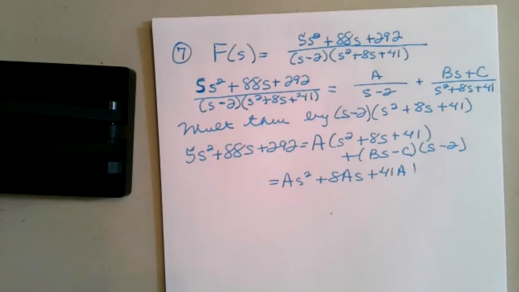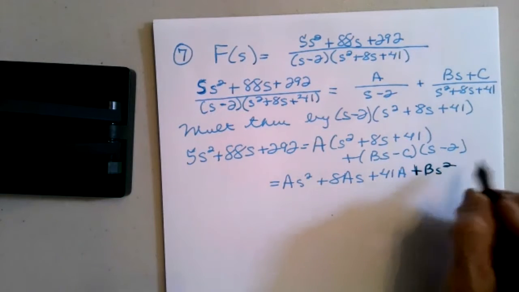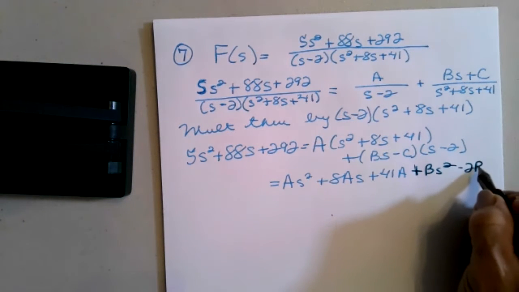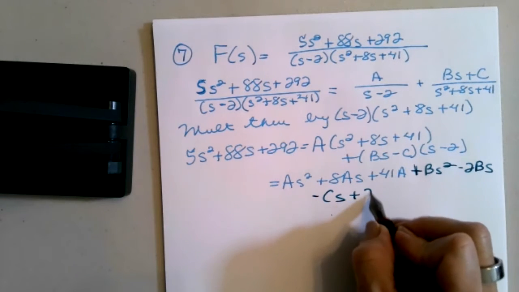So we're going to have a Bs squared, but I need something that I can write with. Okay, so I get A plus Bs squared minus 2Bs, plus minus Cs plus 2C.